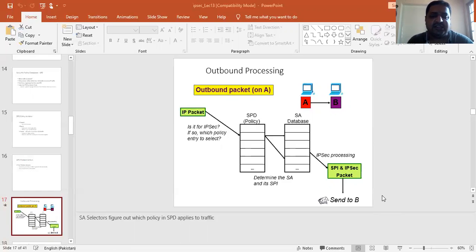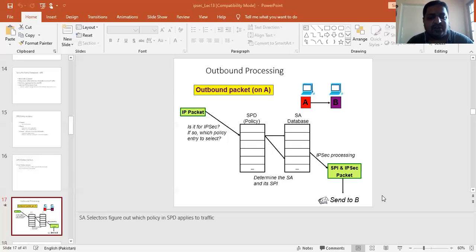So that's why we need some security for the data, so that we can securely send the data from host A to host B, which are residing at different networks. If we are sending the data within the same network, that is optional, but we can also use the IP security protocol there.